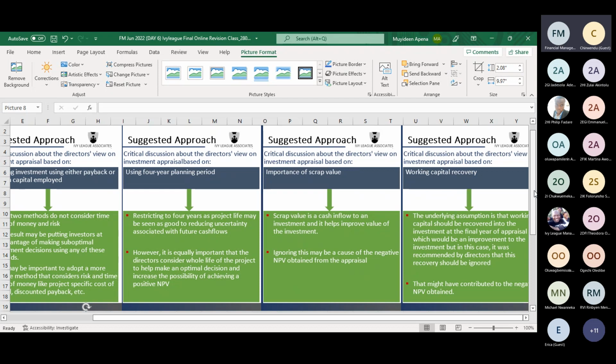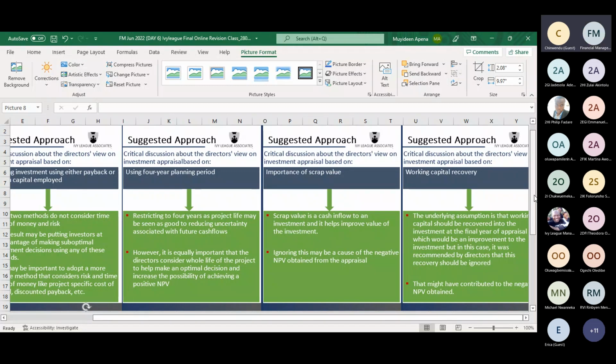It's very unlikely. So if you ignore scrap value, you are probably undervaluing the project. Ignoring this may be a cause of the negative NPV obtained from the appraisal. So if we have a value realizable from this project, it may turn out to be a positive NPV. That's the importance of the scrap value.